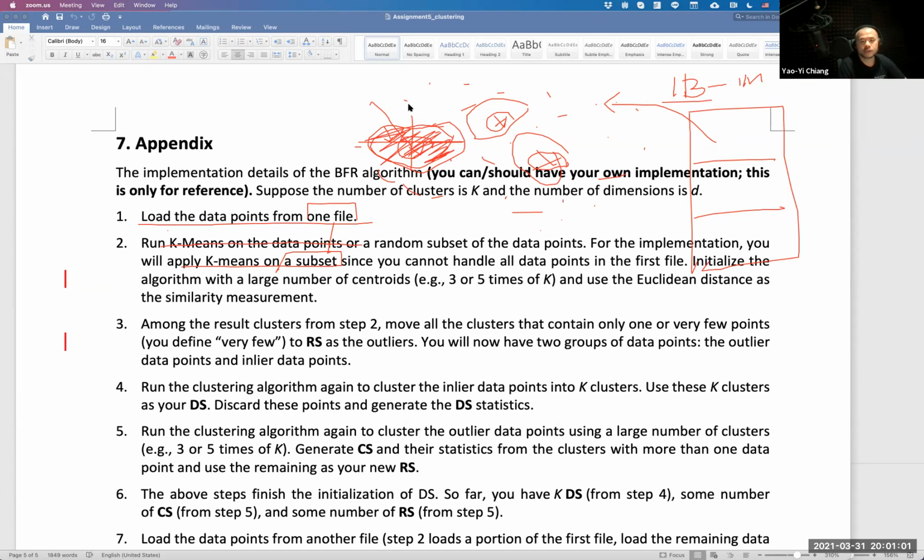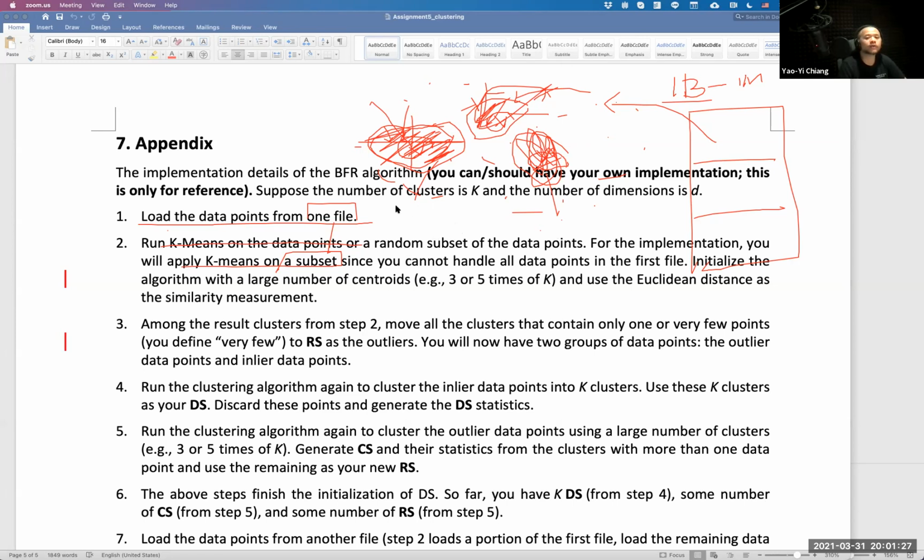Once you can do that, you assign many of the points into the DS, then you throw them away, you just summarize the clusters. Then for all other data points, you can do a clustering again with a large K to identify your CS, and you keep going.